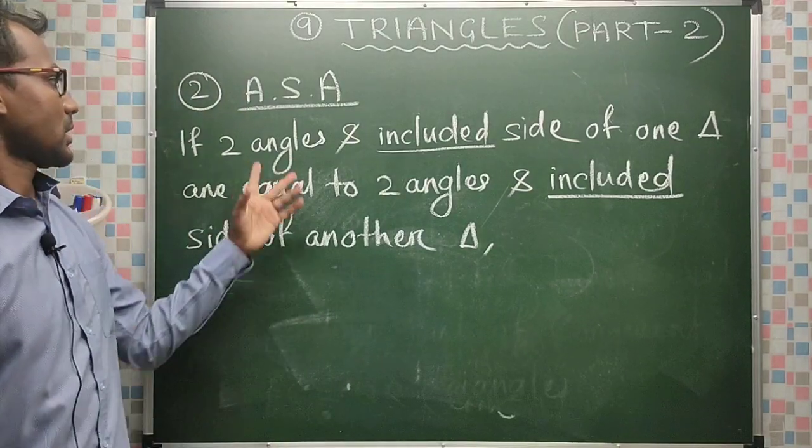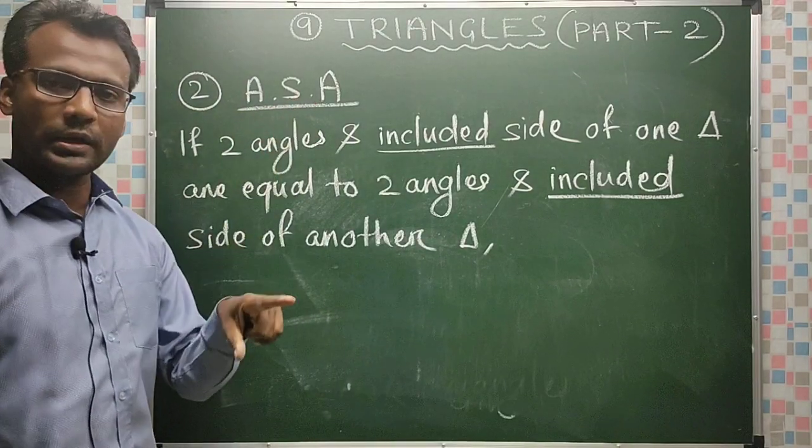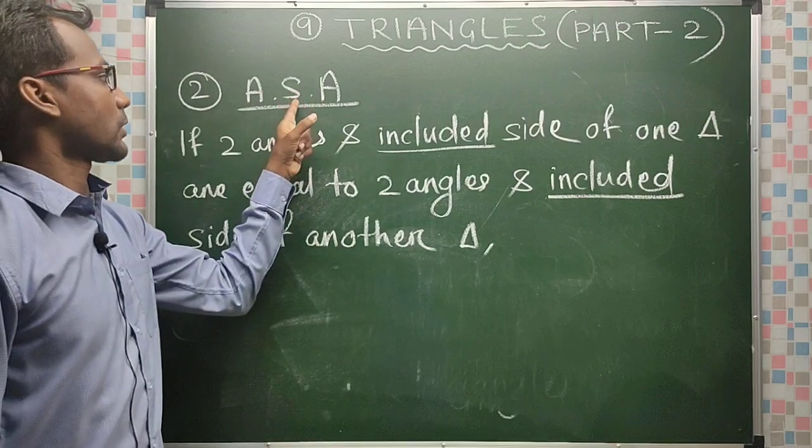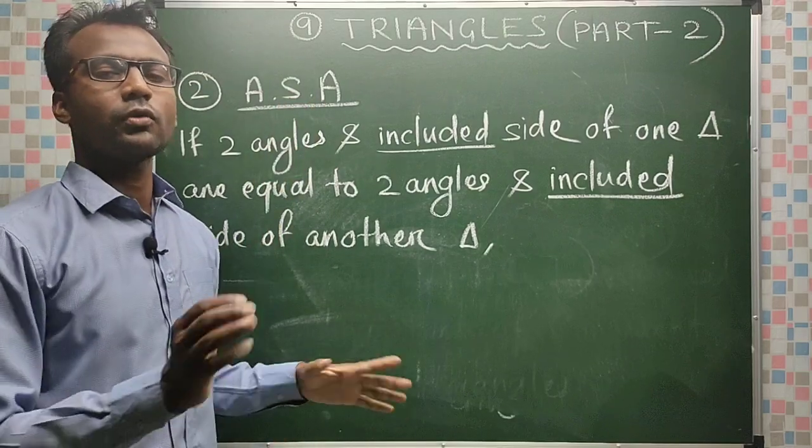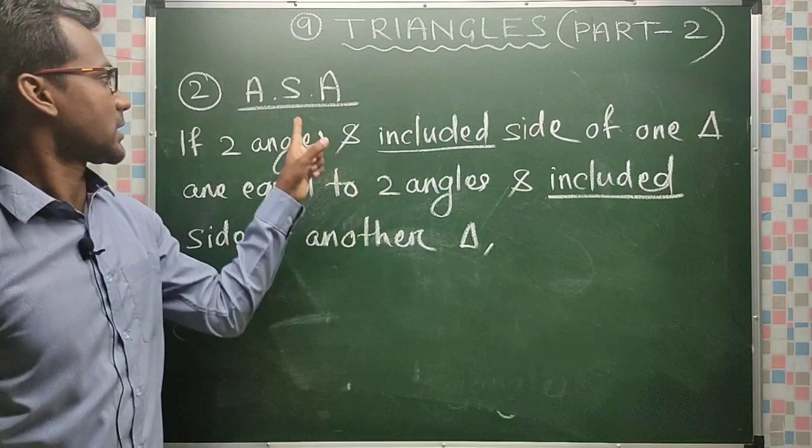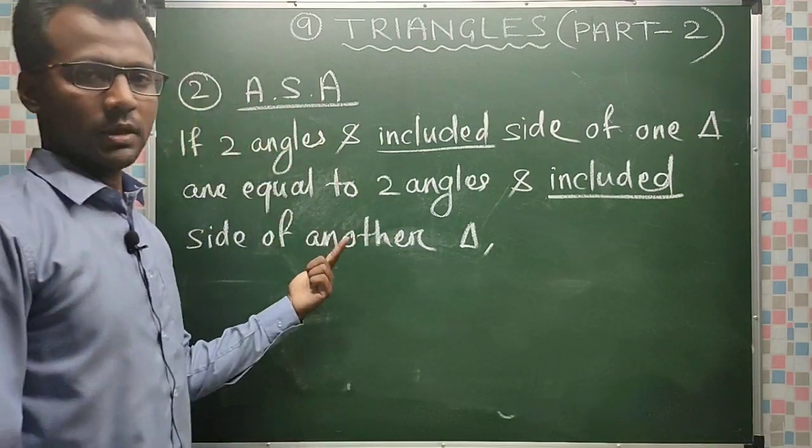If two angles and included side of one triangle are equal to two angles and included side of another triangle, then the two triangles are congruent by this postulate ASA. Let us draw a diagram.